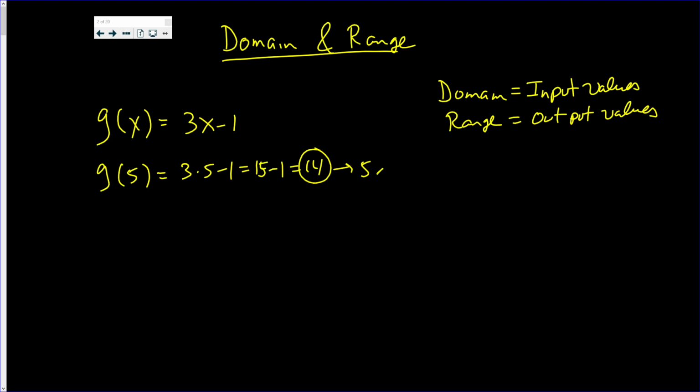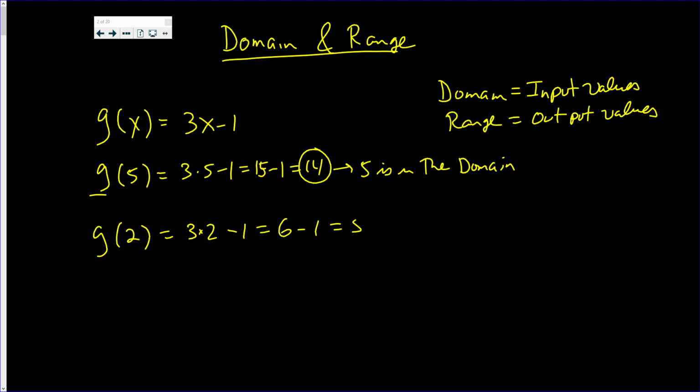This means that 5 is in the domain for G. G of 2 is 3 times 2 minus 1, which is 6 minus 1, or 5. So 2, the input, since we got back an intelligent answer, is in the domain of G.